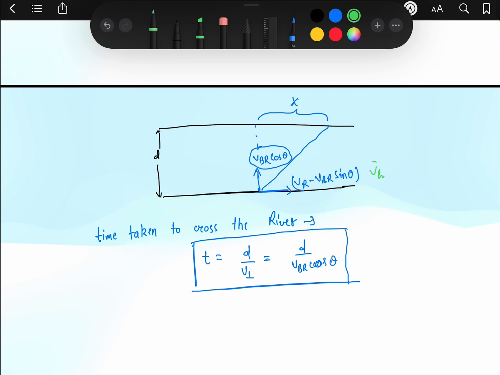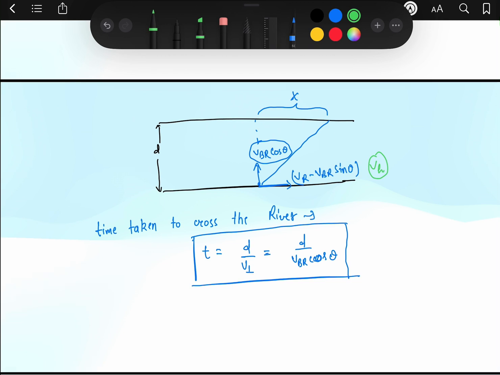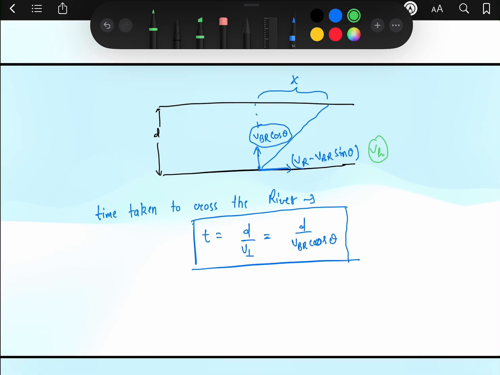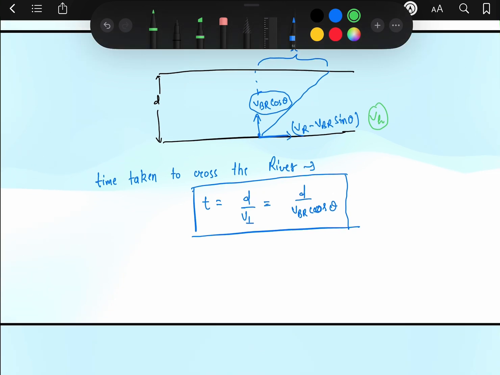In time t, how much drift it will provide, we can directly write. If the drift provided is x, then x will be equal to the horizontal component multiplied by the total time taken to cross the river.